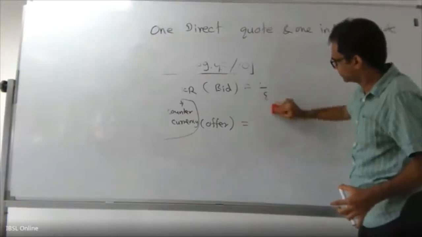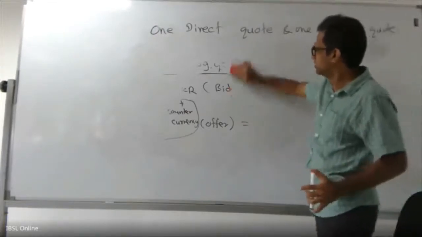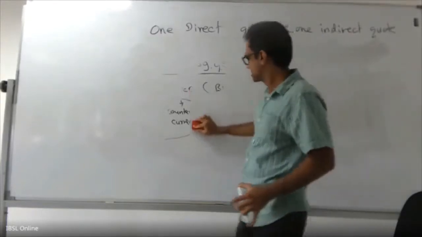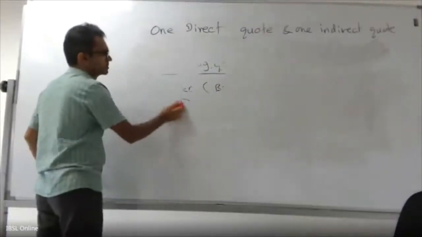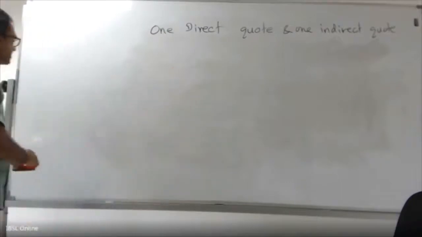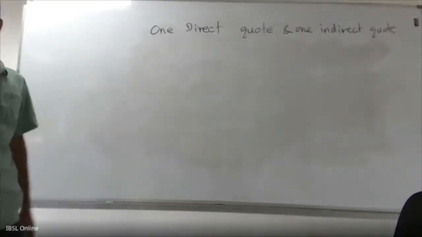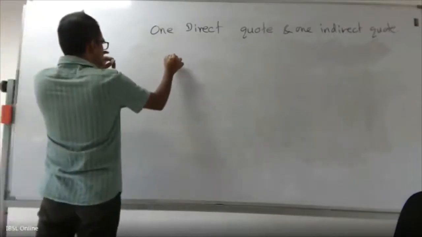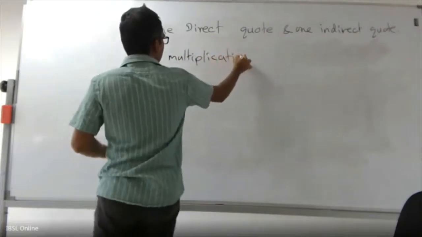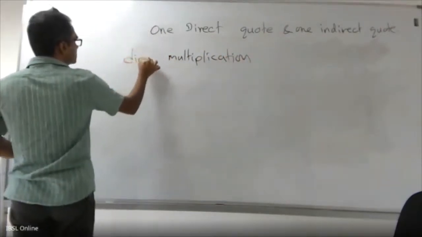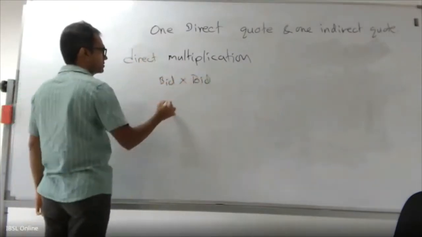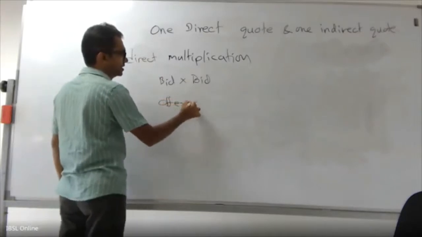In this case, just multiply bid by bid, offer by offer. Whenever you have one direct quote and one indirect quote, it's just multiplication: bid multiplied by bid, offer multiplied by offer.